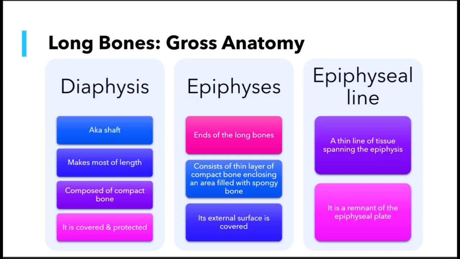This anatomical feature of long bones is seen in young growing bones. It is responsible for the lengthwise growth of a long bone. At the end of puberty, hormones inhibit the growth of long bones, and that is inhibited through your epiphyseal line because it is also the part of your long bones where growth occurs.